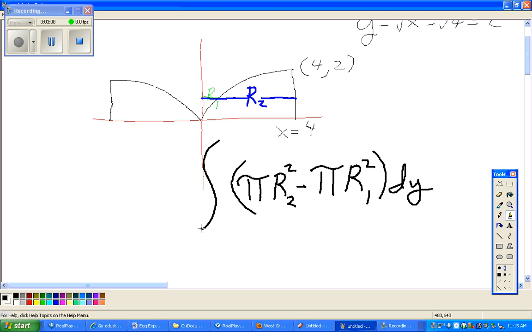I want an integral. This is a series of circles that are getting sliced starting here, going up to here. So the bottom is where y equals 0. Top is where y equals 2. So that means we're adding up a series of circles from 0 to 2.